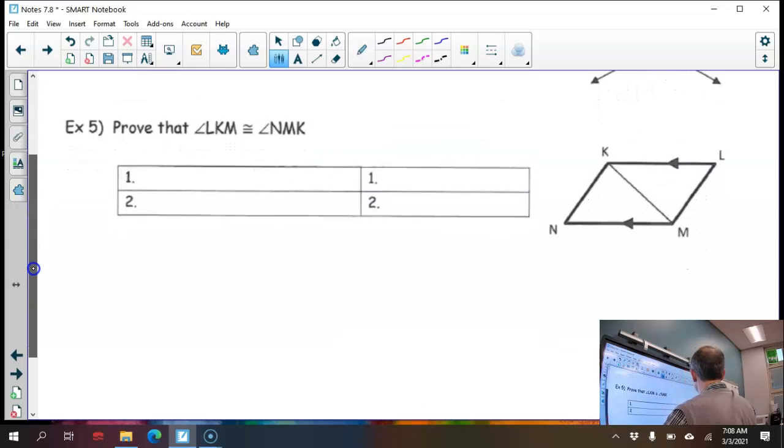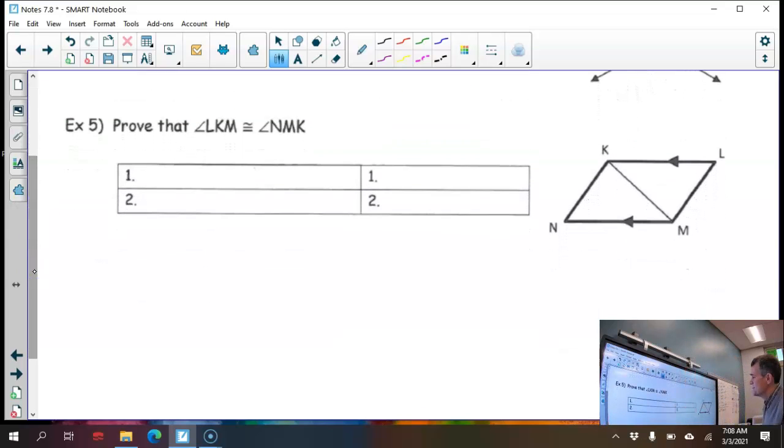All right, that brings us to number 5. And I want to prove that this angle, angle LKM, that would be here, and this angle, angle NMK, would be here, are congruent. Well, again, we get diagrams like this a lot, and the first thing I should do is recognize what's given.